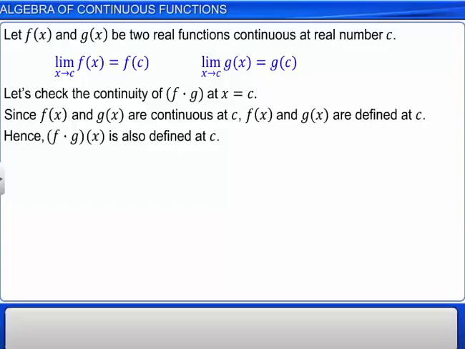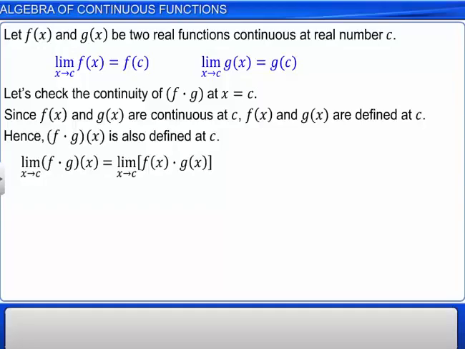Hence, their product is also defined at c. So the limit of f into g of x as x approaches c can be found. Now, by definition, f into g of x can also be written as f of x into g of x.